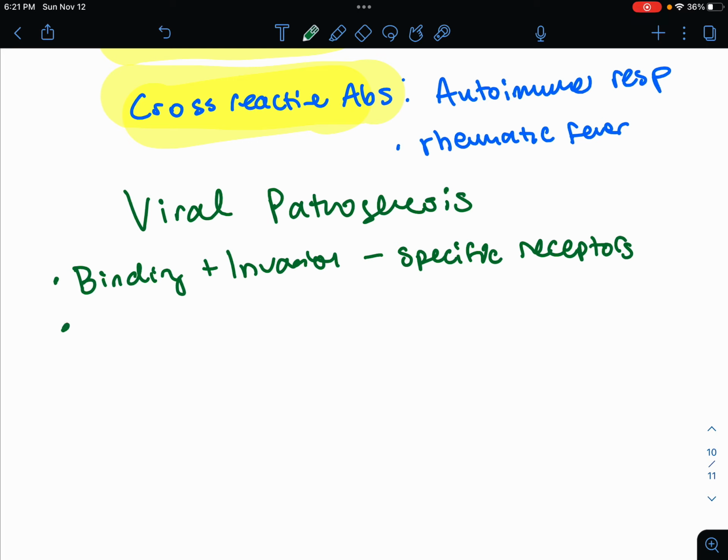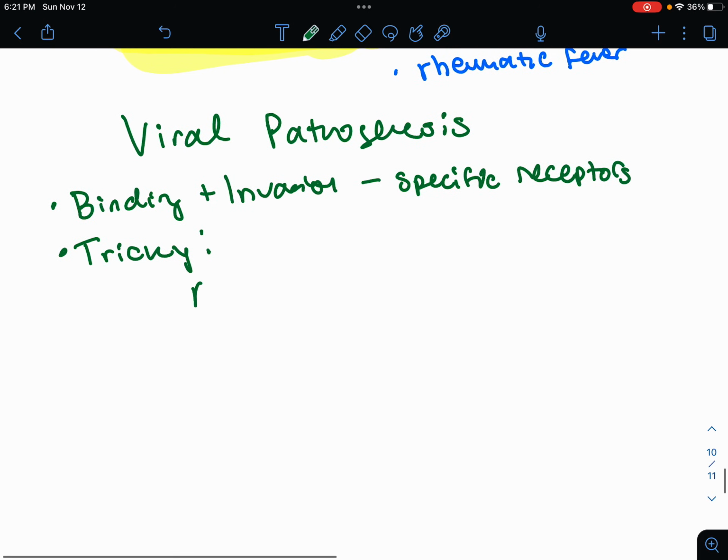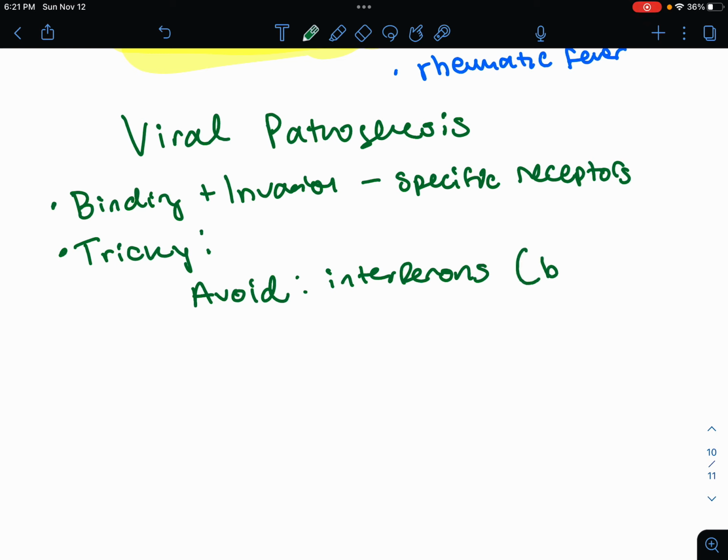Right, so they're tricky. They're very tricky, as we saw with all those COVID variants. They avoid all these different things. They avoid interferons. They block the expression of genes or activations of enzymes.